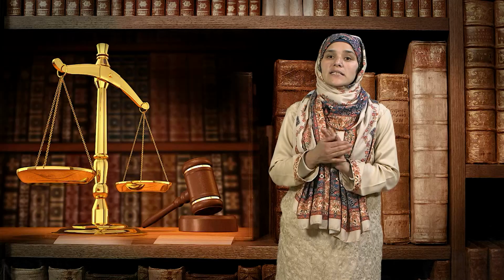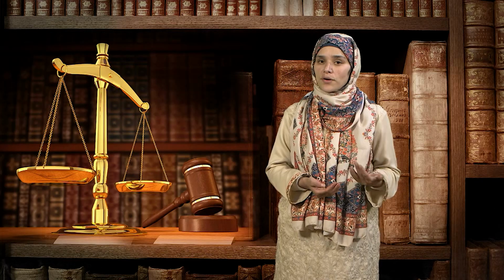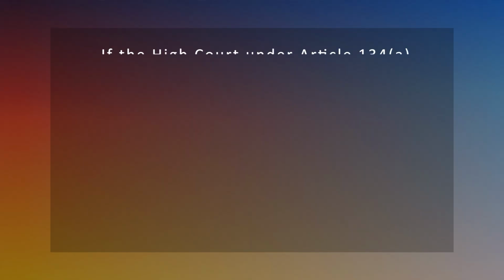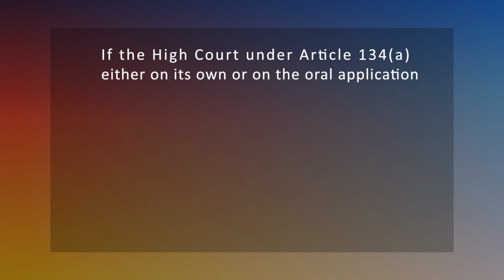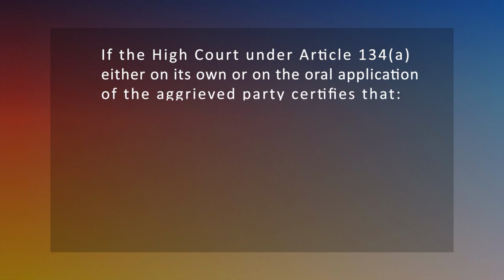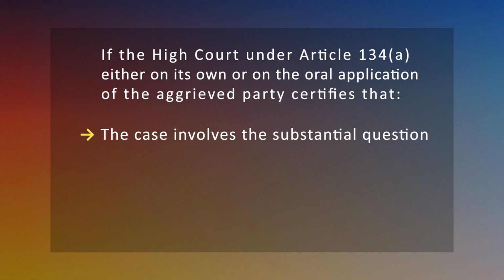Coming to the civil cases. In civil cases, there can be an appeal from the judgment, decree or the final order of the High Court if the High Court under Article 134 Clause A, either on its own or on the oral application of the aggrieved party, certifies that the case involves a substantial question of law of general importance.